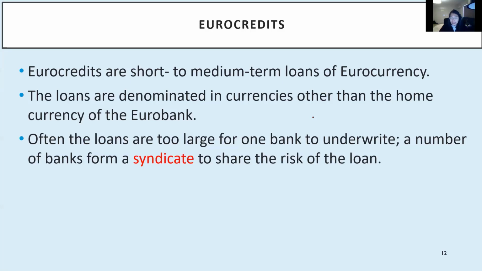A bank syndicate includes multiple banks, and each of them chips in a part of the loan. The banks that together lend to the same customer on the same loan are called a lending syndicate.